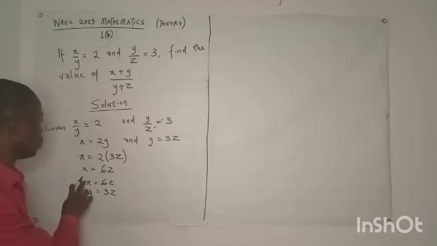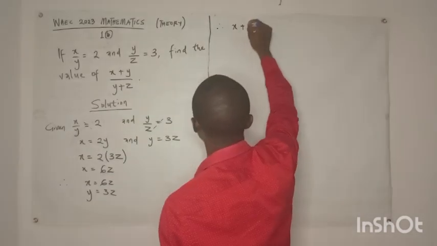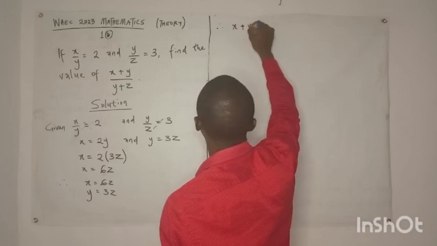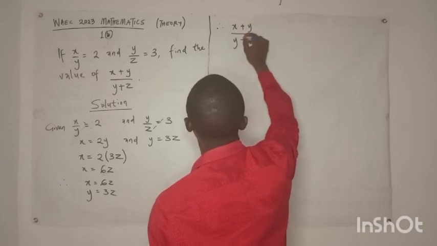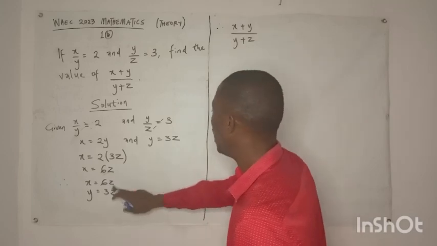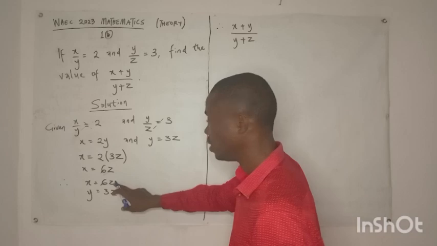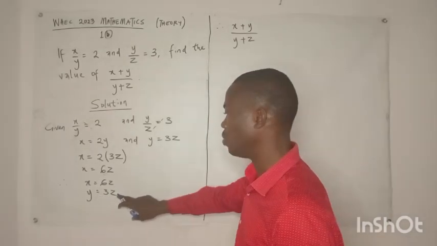So if we substitute these two into our expression, we'll have x plus y all over y plus z. Anywhere we see x, we'll put 6z, and anywhere we see y, we'll put 3z. We have expressed x in terms of z and y also in terms of z.